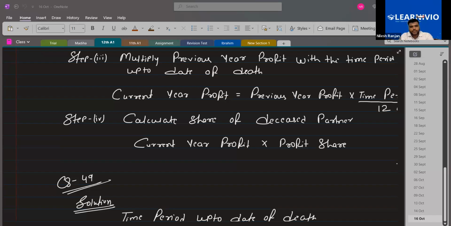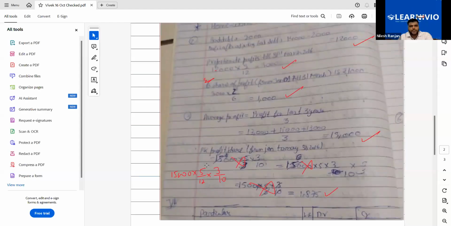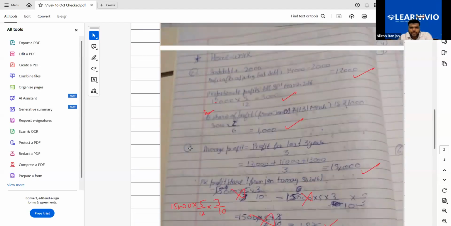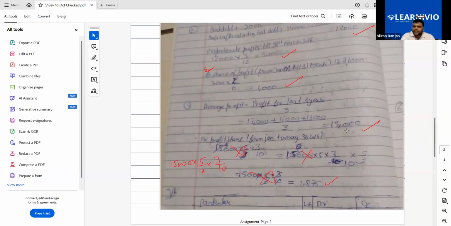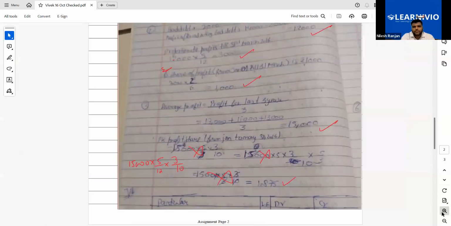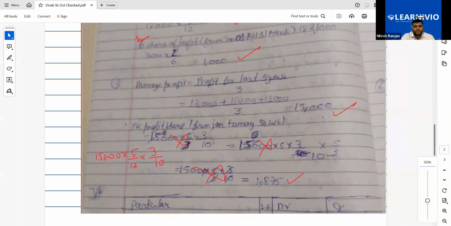I'm sharing it. Sure. Okay, first of all, in question number 3, I think, yes, this is question number 3. Average profit you have calculated, which is correct. You can see the screen.